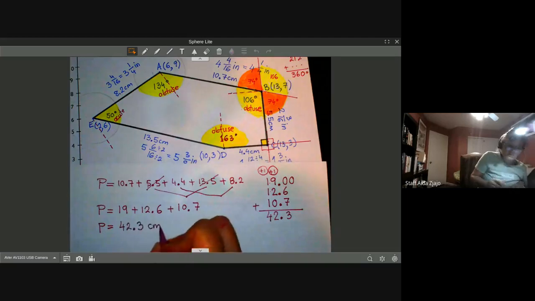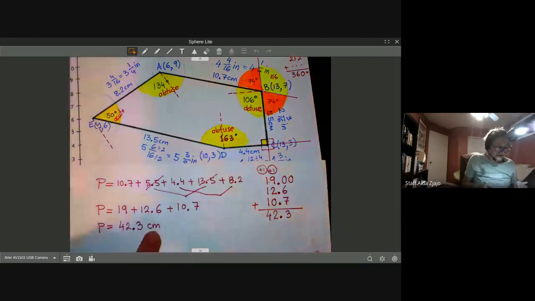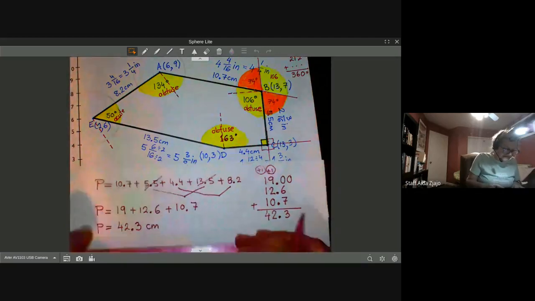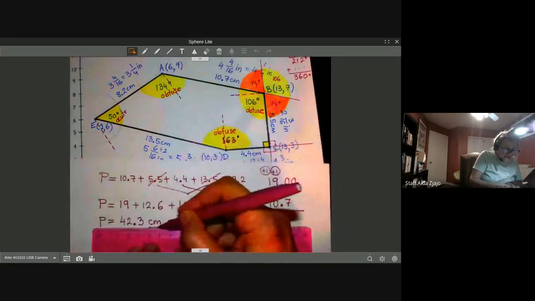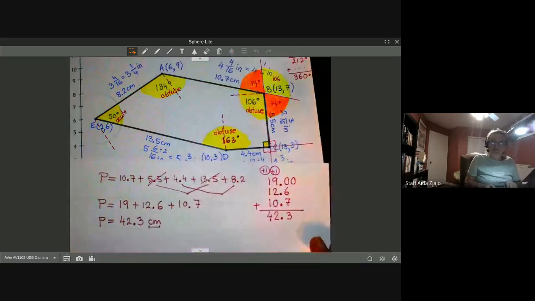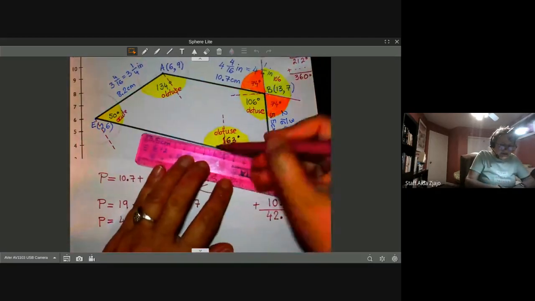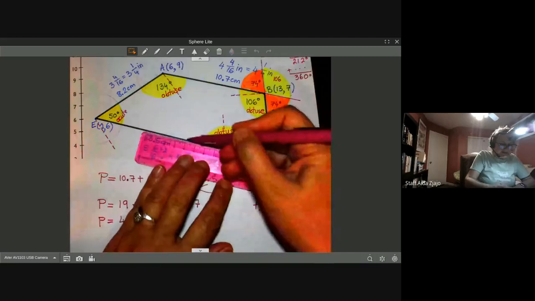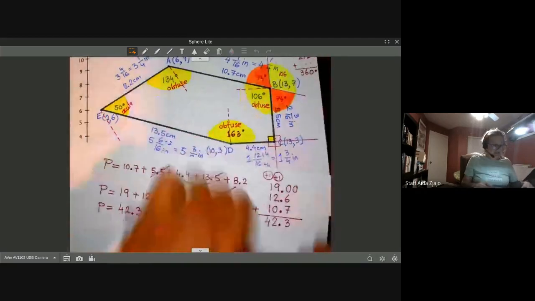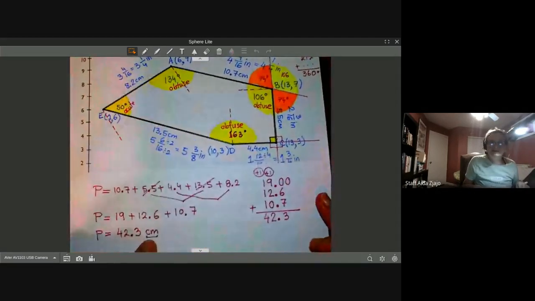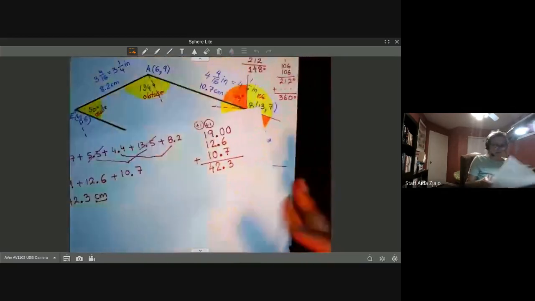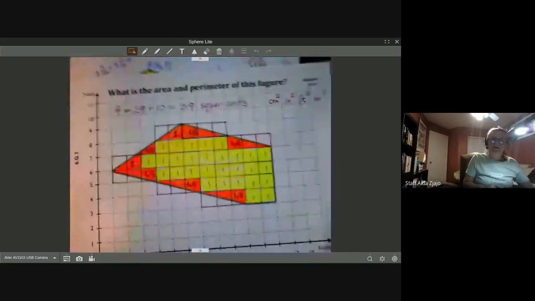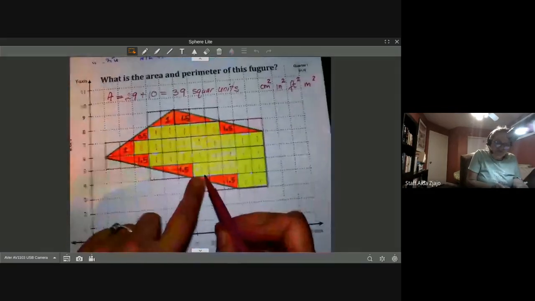It's only centimeters because I am measuring length. I'm measuring these small lines around my shape. That's what perimeter is, in centimeters, while area is in squares because I'm measuring squares.